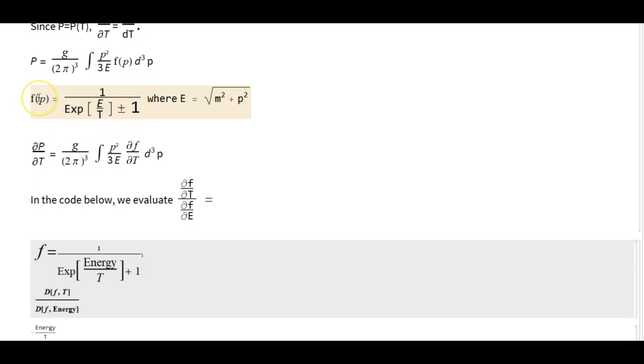F is what depends upon T, and therefore it will be the partial derivative of F with respect to temperature.